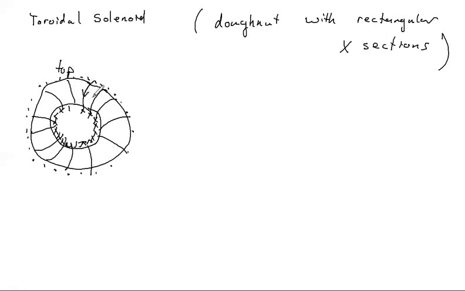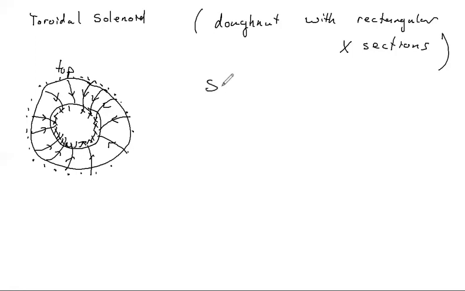And the current along the top is going to flow like this. So the current is going into the screen in the interior, out of the screen on the outer edge, and kind of over the top.